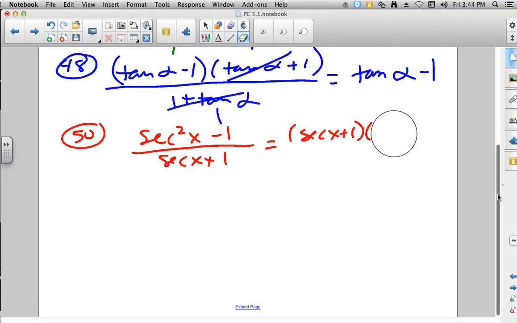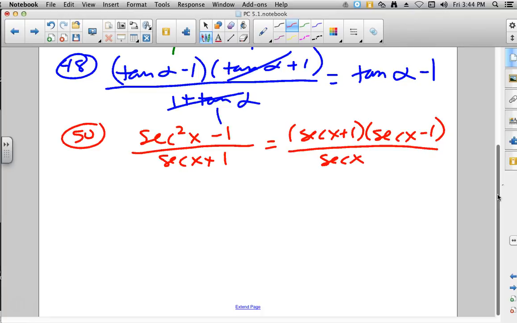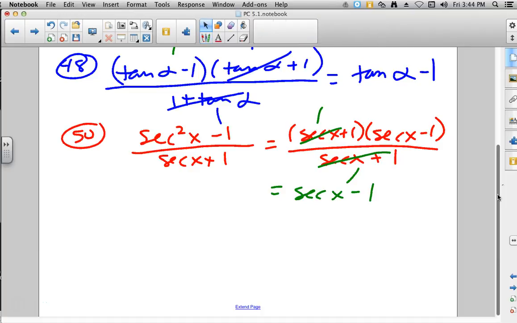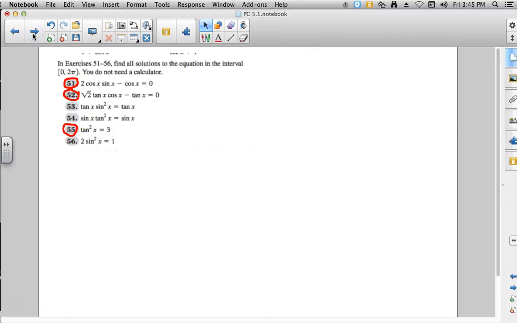Oops, too many parentheses there. And of course, we see that these are going to cancel. And there it is, secant of x minus 1. So all of those involved thinking about that difference of two squares pattern.